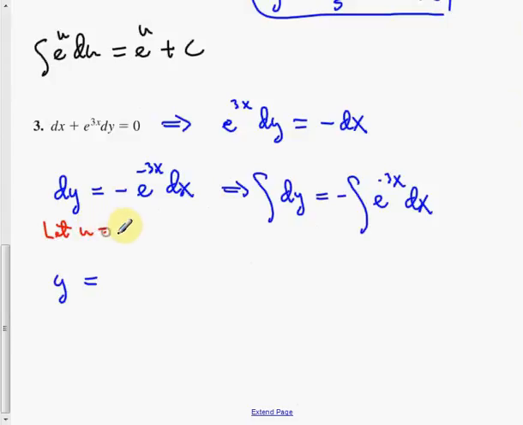So let u equal negative 3x. So du is equal to negative 3 dx. So that implies that negative 1/3 du represents that dx.